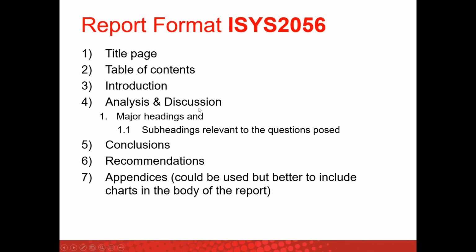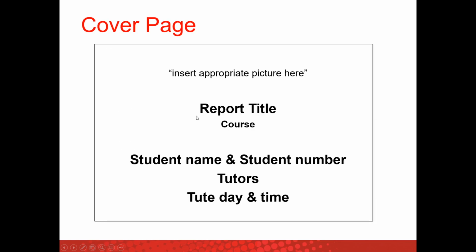All right, so what's the first part of this assignment? It says title page. They've changed it to the cover page, which is basically the same thing. It's the title page of your report. In the assignment, I'm pretty sure they've made it mandatory to insert a picture at the top.